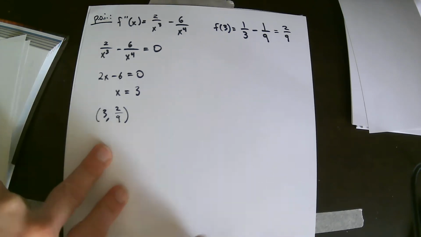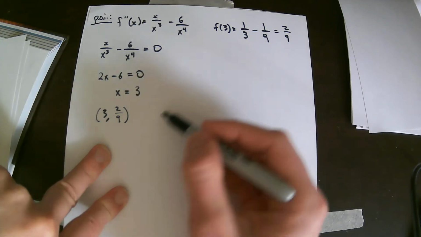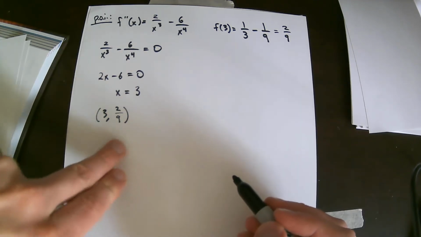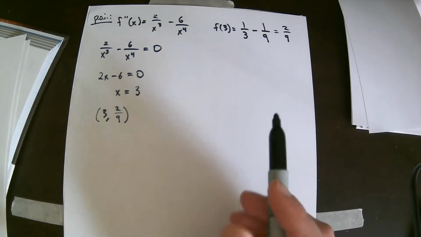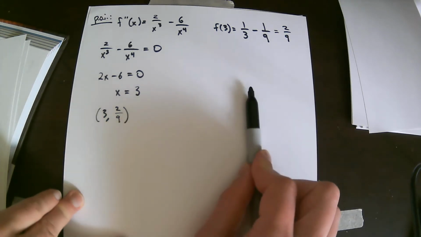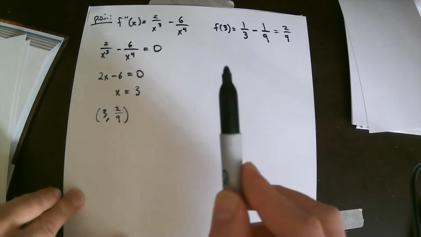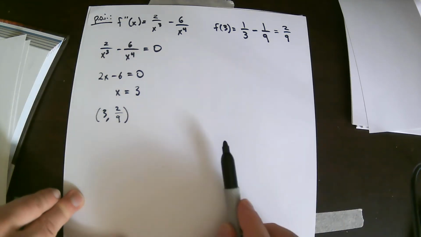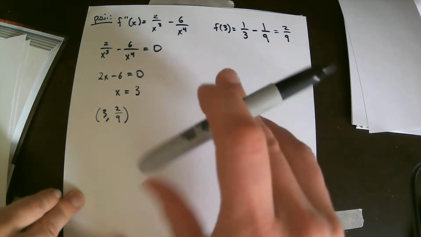Now, we don't know if it's concave up or down around this point of inflection. Or rather, what am I trying to say? A point of inflection is where it changes concavity from up to down or down to up. We don't know if it's concave up and then concave down, or concave down and then concave up.